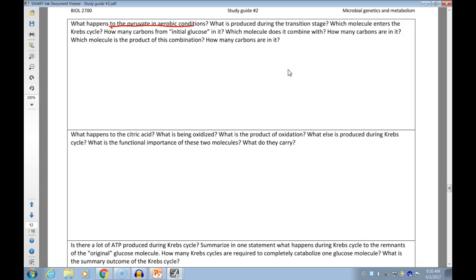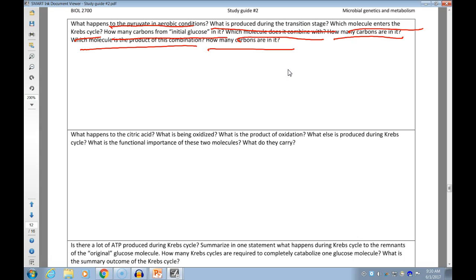It is oxidized to acetyl-CoA, to oxaloacetic acid, 4, citric acid, 6. Okay, so you have 2 carbons in acetyl-CoA, 4 carbons in oxaloacetic acid, 6 carbons in citric acid.